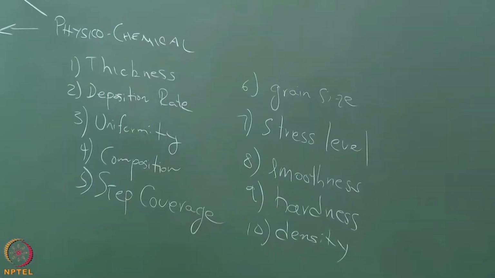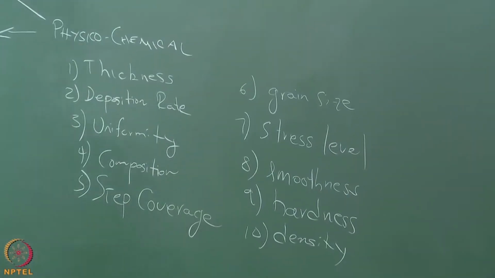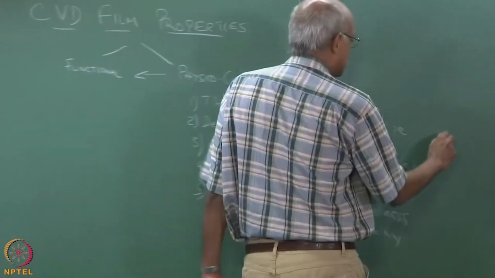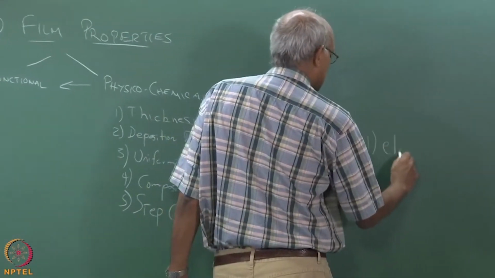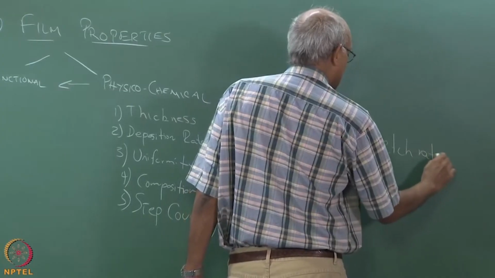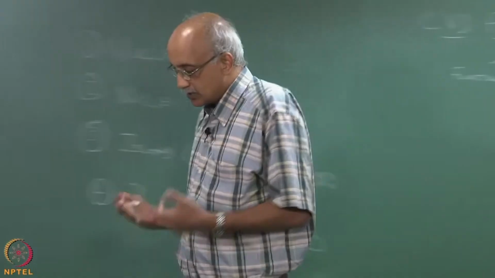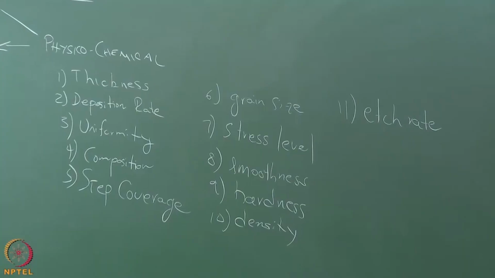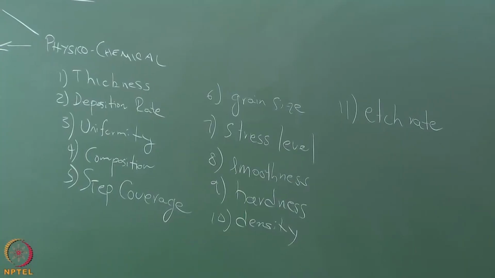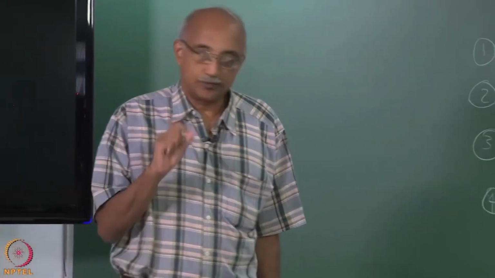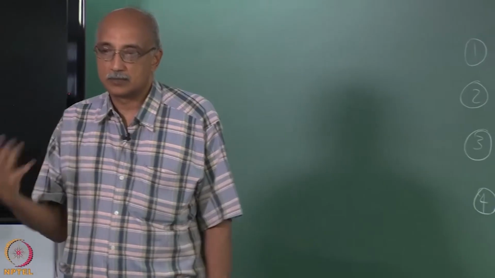Actually, another parameter that is frequently measured on CVD films is called the etch rate. So, what's done here is you take the film and expose it to hydrofluoric acid, and you measure the rate at which the film is being etched by hydrofluoric acid of a certain concentration.